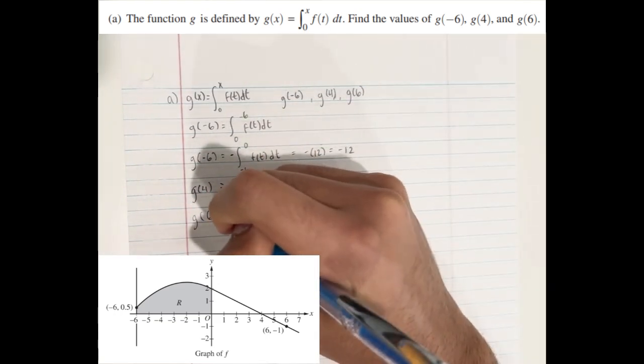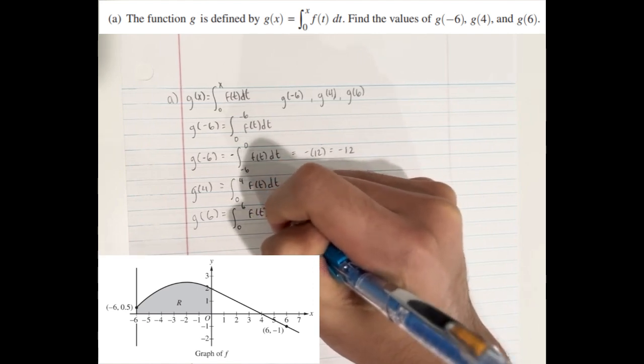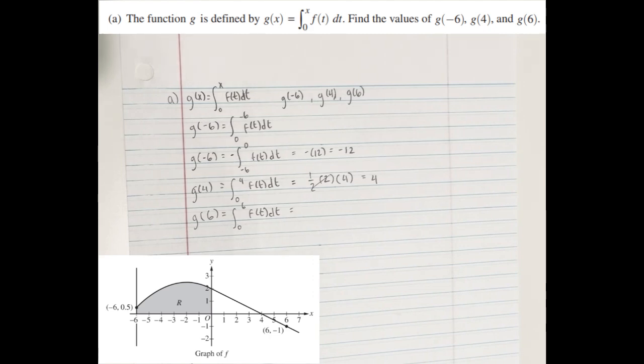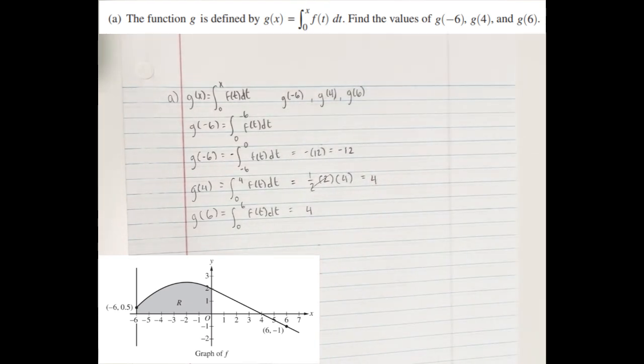Now, for g(6), that's the area under the curve from 0 to 6 of f(t) dt, and we'll notice that it covers the portion from 0 to 4 first, and then it keeps going. However, as it goes past 4, it starts to go below the x-axis, so any area from that point on is negative.